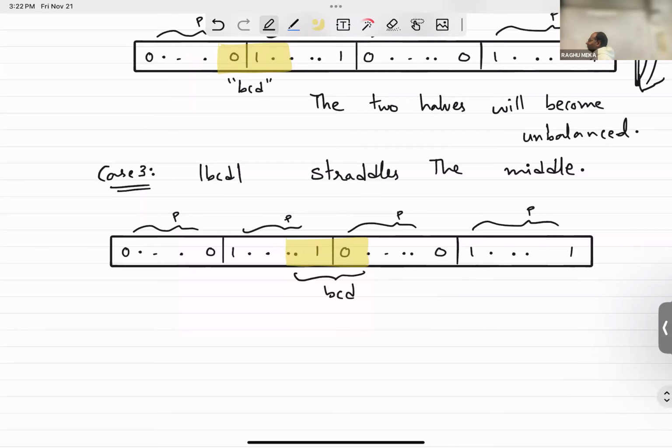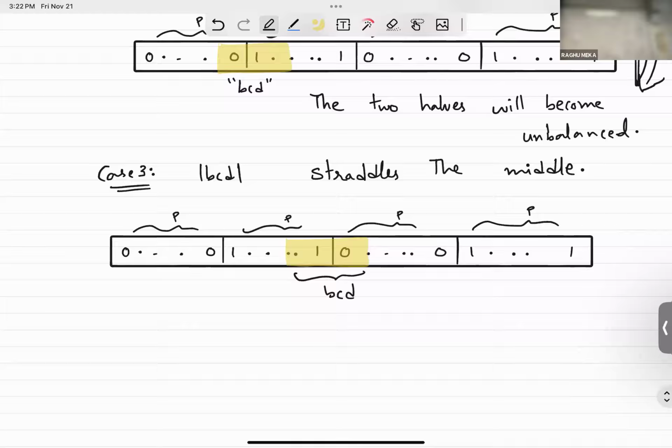Okay, so what happens then? Well, whichever I pump, I'll either end up with more ones here. When I pump it, either I'll increase the number of ones or the number of zeros in here without changing the two borders, right? So that's the case analysis.